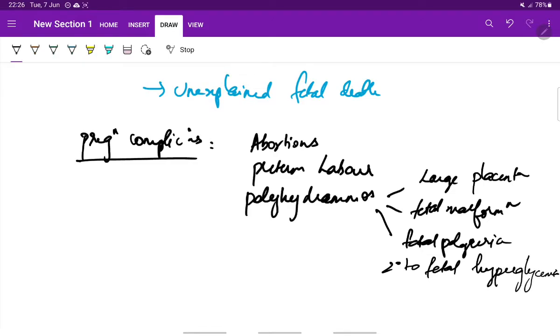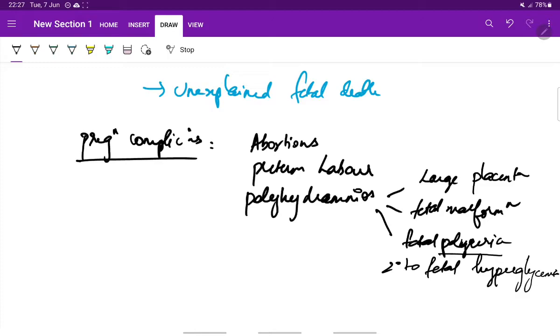So, the maternal hyperglycemia gets transferred to the fetus, leading to fetal hypoxia, secondary to which there can be fetal polyuria, which is one of the symptoms of diabetes mellitus, which presents in the mother as polyhydramnios.